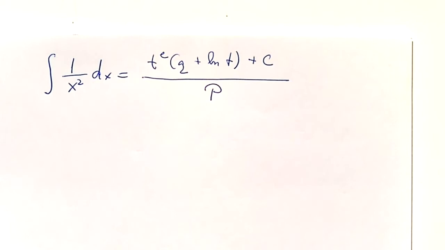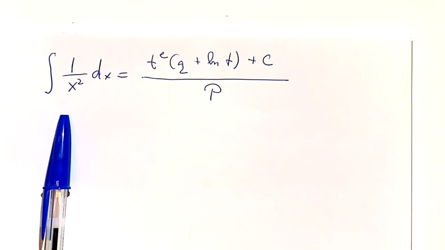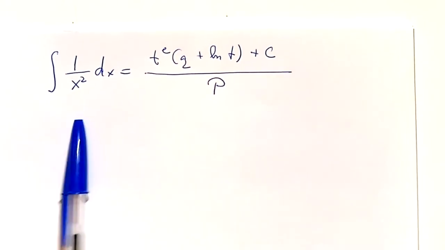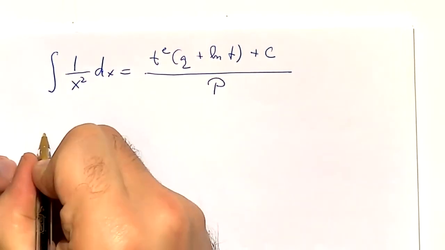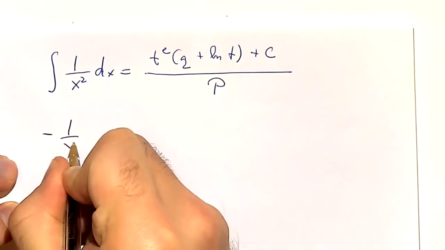Okay, any questions on what I did up to this point? Now, if I take the derivative, I get 1 over x squared. You can use the power rule or whatever. I'm going to tell you it's minus 1 over x.